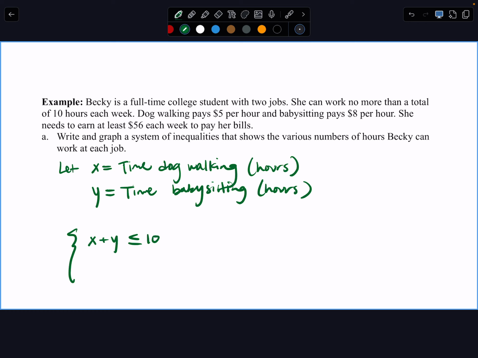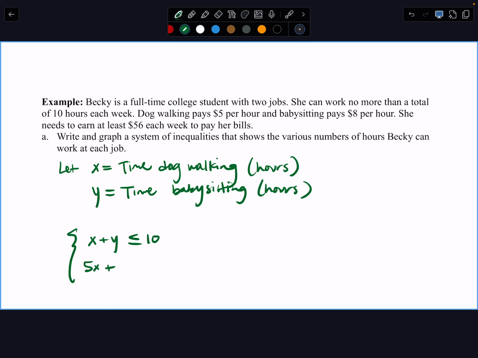Okay, and then she needs to make at least $56 each week. So we would be thinking about how much she could make from dog walking plus how much she could make from babysitting. That has to be at least $56. Ideas? 5x plus 8y is greater than or equal to 56.